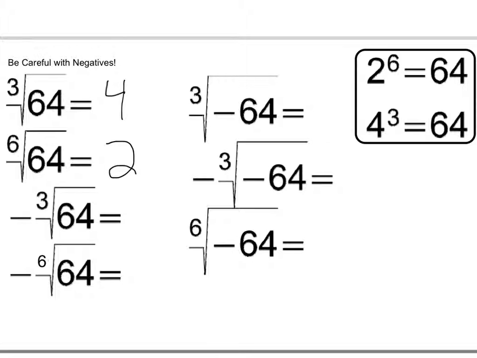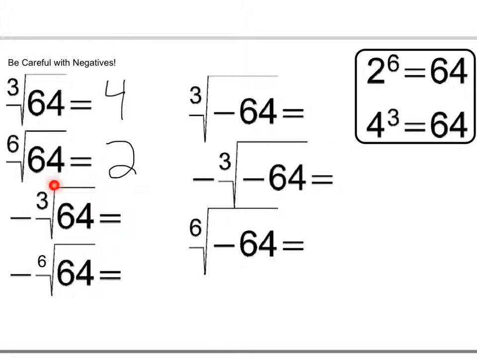Now in these next two radicals, going down, I notice that the only difference from the first two is that I have a negative out front of the radical. In these situations, I first evaluate the radical and then I just make my answer negative.